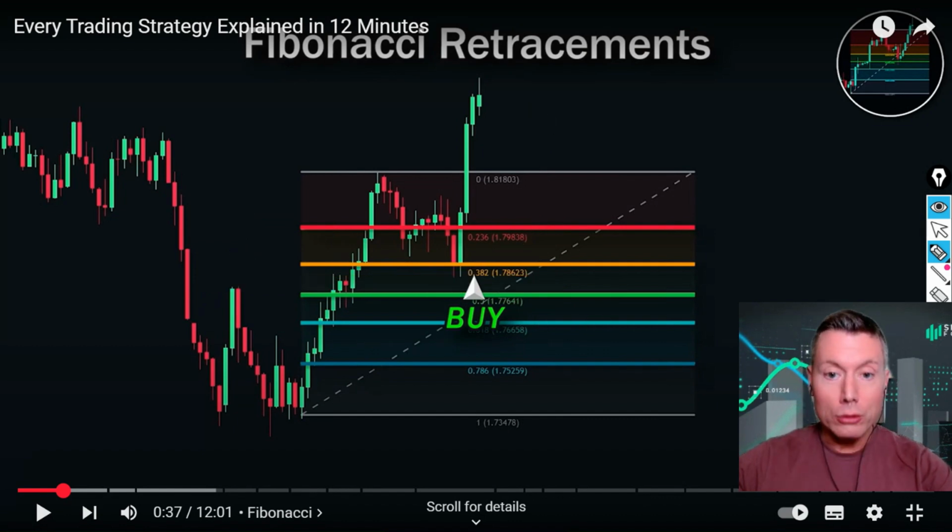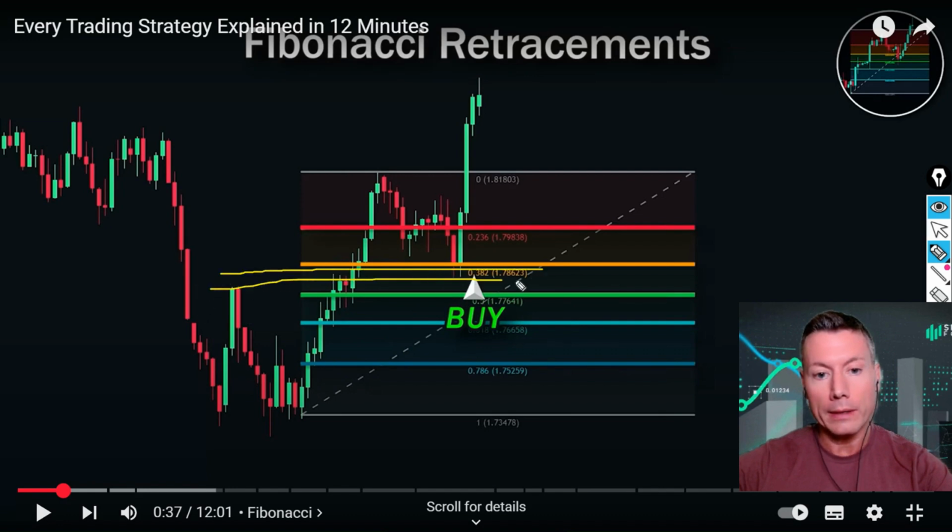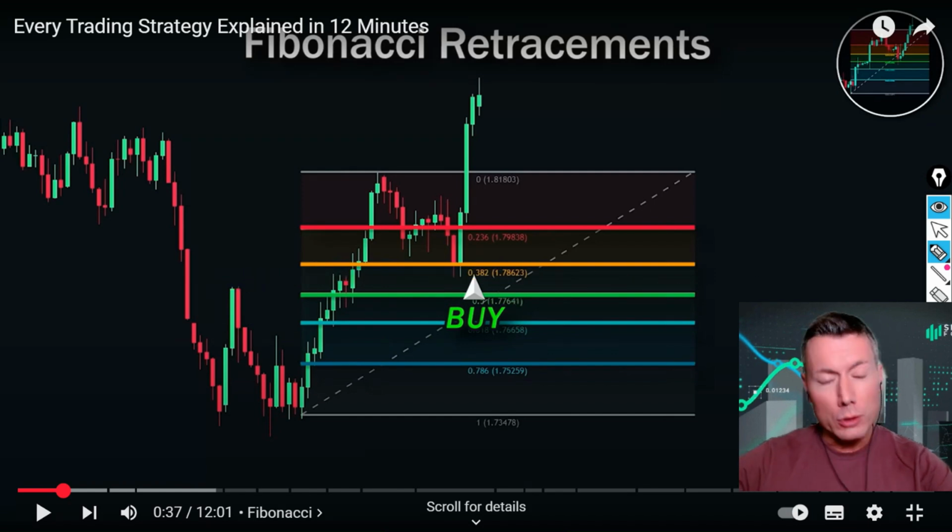Although you can use fib levels to back up the area that you're looking at. If you like this as a potential support level in here, and then you also use Fibonacci levels as well, it could be good double confluence for you to take the trade. All right, but yeah, fibs are hugely popular and widely used and are a pretty good indicator, guys, but price action will tell you just the same.